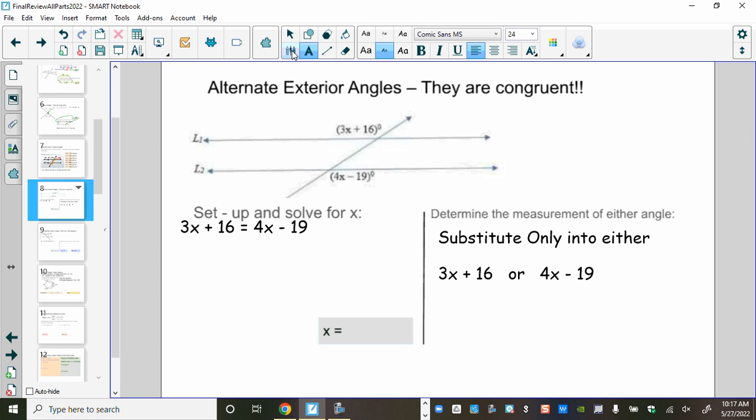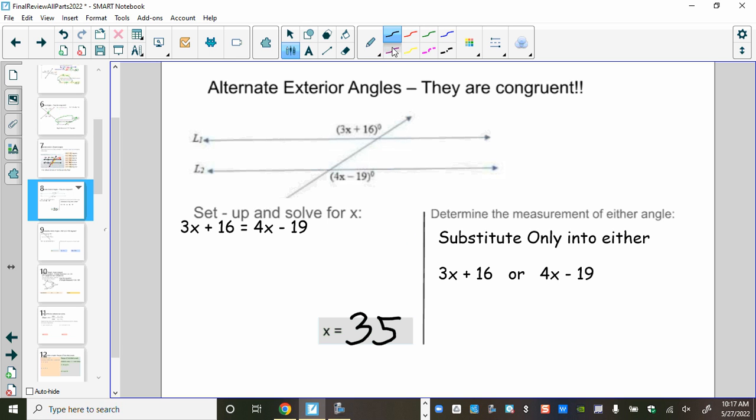So, well done. So you should get x is 35. Yep. And both angles are 121. And then just plug them in, plug them into one or the other.